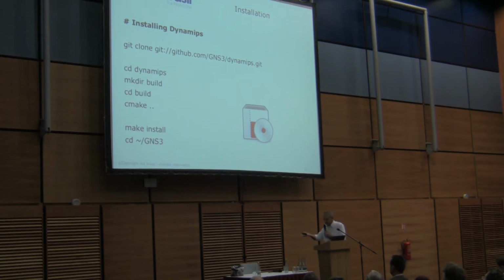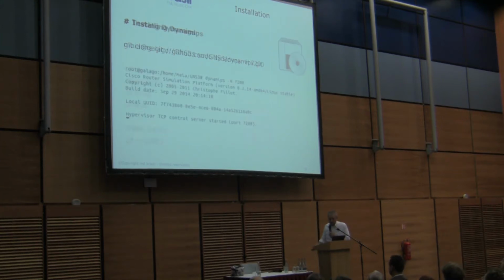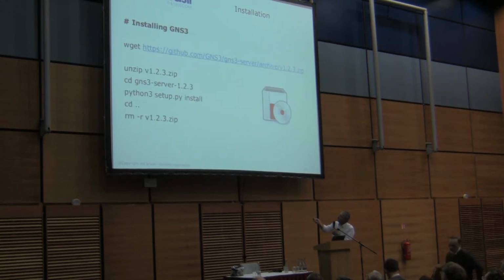So it's very interesting that you install Dynamips to make GNS3 work correctly. To test if the installation was successful, you run this command here, and you receive an output like that.